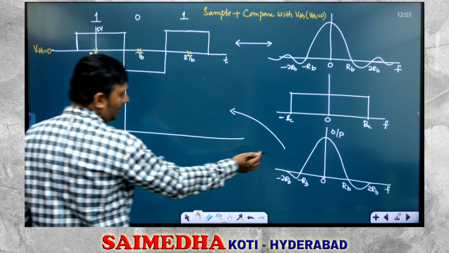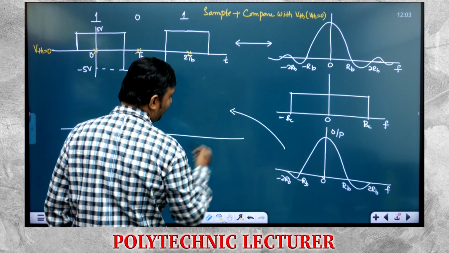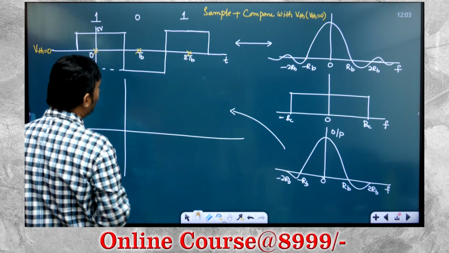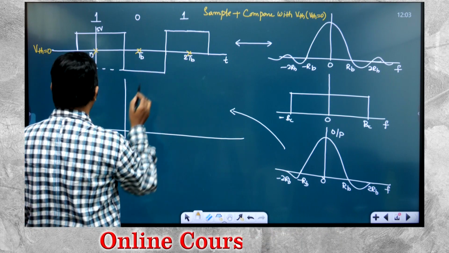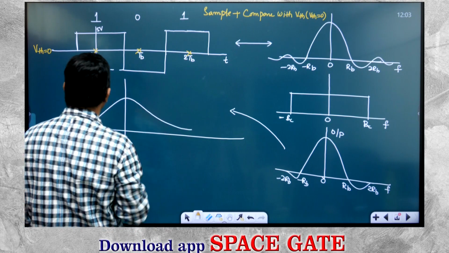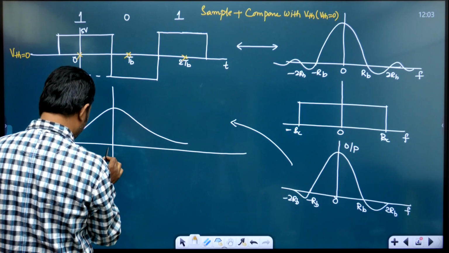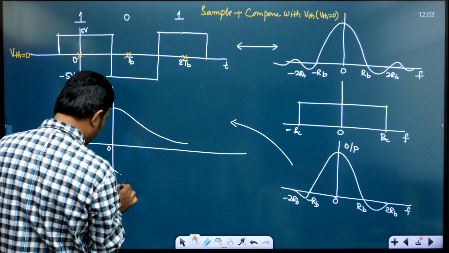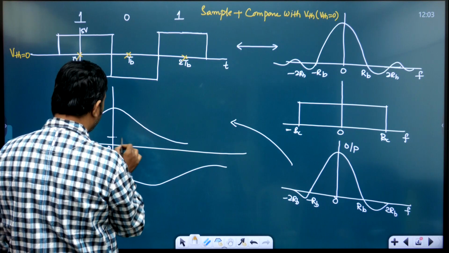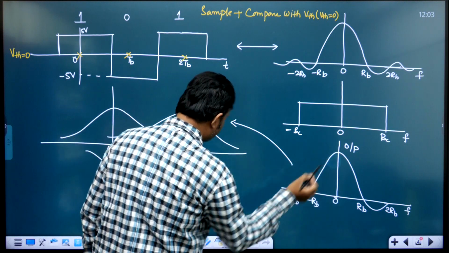Now, how will the signal look in the time domain for this kind of frequency response, for this kind of output? So this will spread, this will spread, this will spread. If they spread, they look like this. This will also spread at TB. This is at 0, at TB, and at 2 TB. So this is the situation.